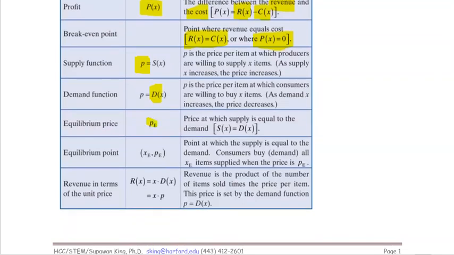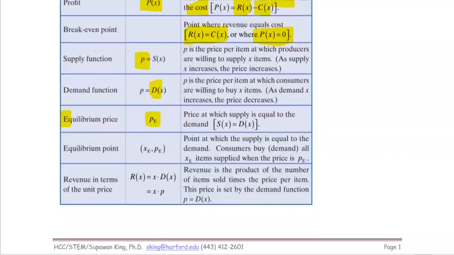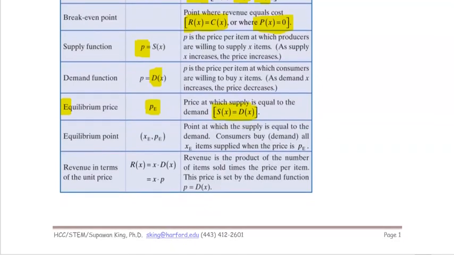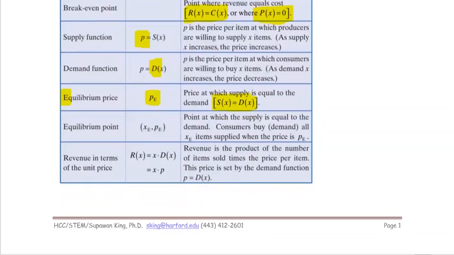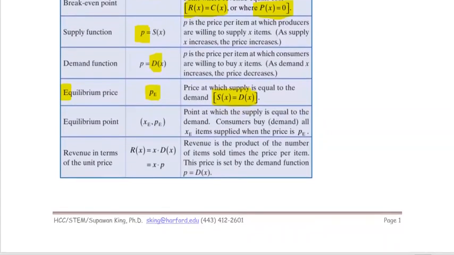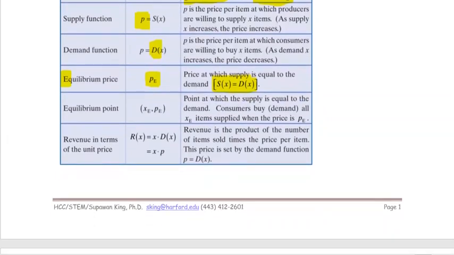Equilibrium point, the lowercase p subscript E from equilibrium point, means demand equals supply. S equals D. When you set up S equals D, we are going to look for the x that represents the quantity where demand equals supply.